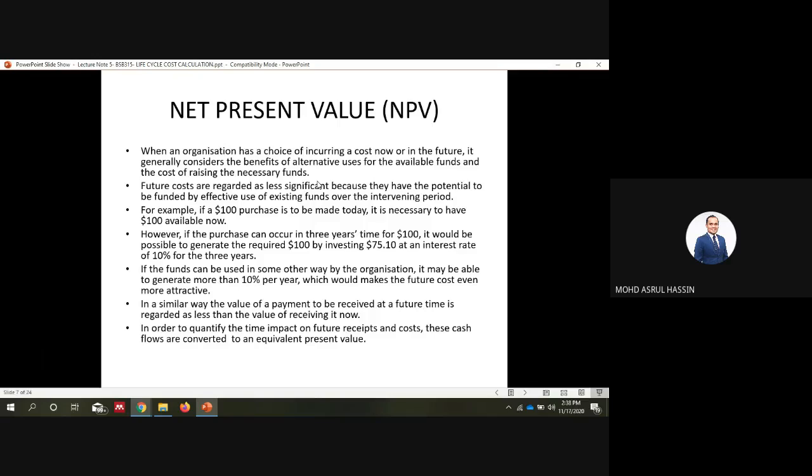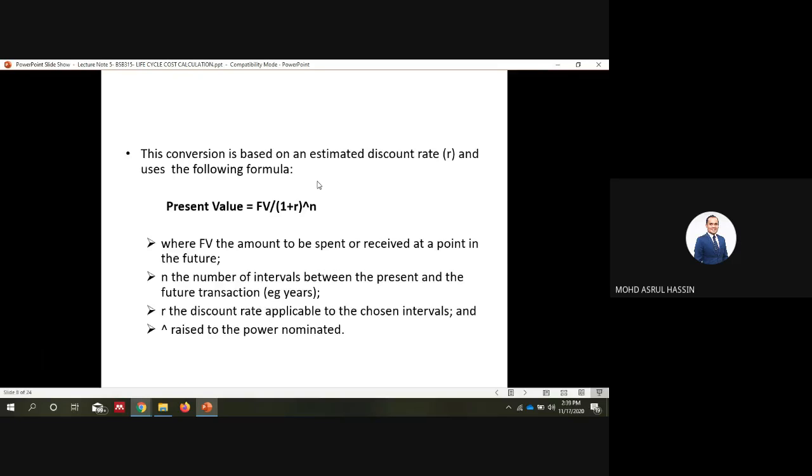In a similar way, the value of a payment to be received at a future time is regarded as less than the value of receiving it now. In order to quantify the time impact on future receipts and costs, this cash flow is converted to an equivalent present value. How to calculate the present value?